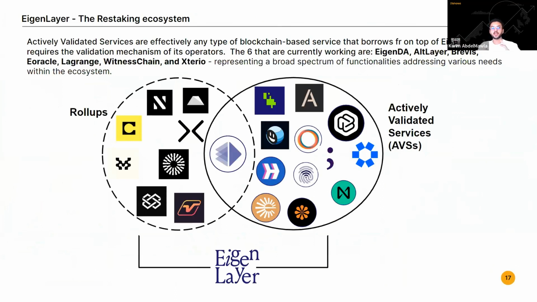So just to circle back to everything at the end, you can think of EigenLayer as a mechanism that allows a layer of networks or things that we call actively validated services. That is a term we use for any type of blockchain-based application that requires consensus in order to operate as intended.